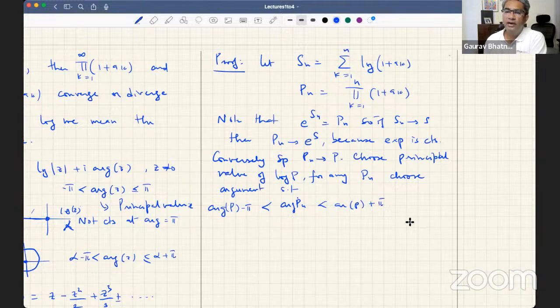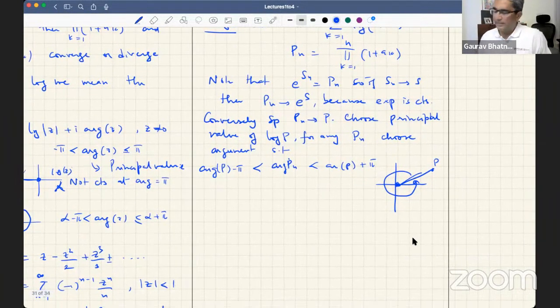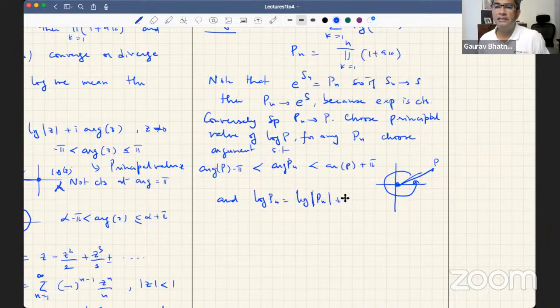So whatever the argument of P, you go from minus this to plus this, and you choose the argument in this range. And of course log P_n is equal to log of absolute value of P_n plus i argument of P_n.